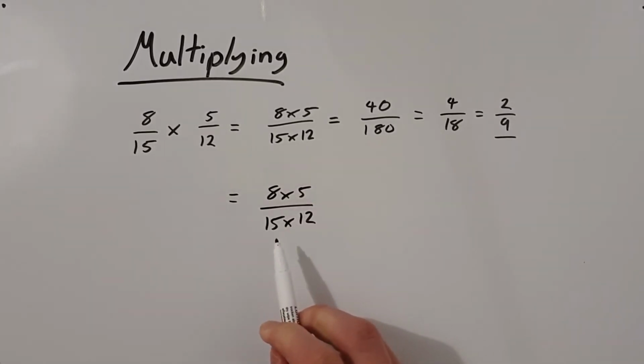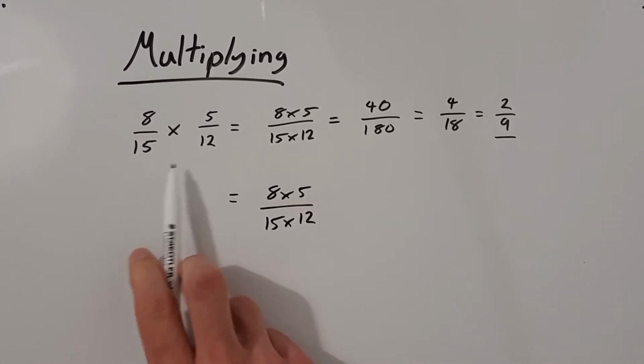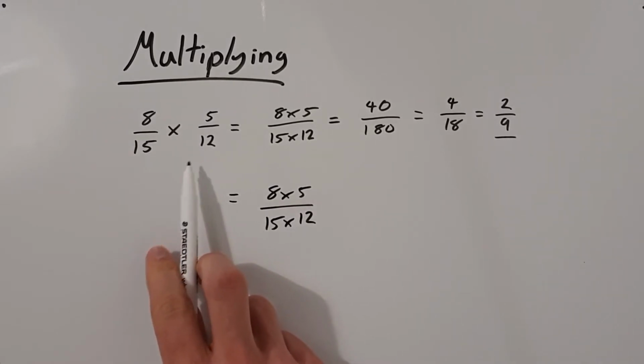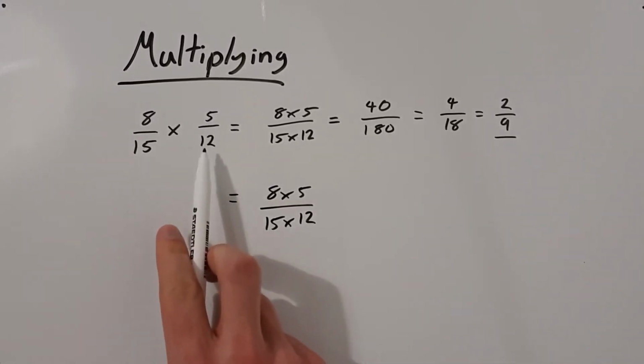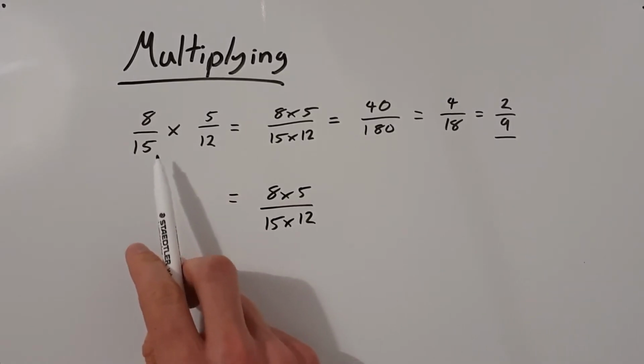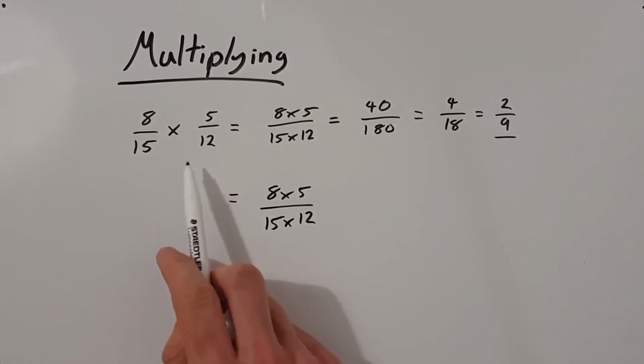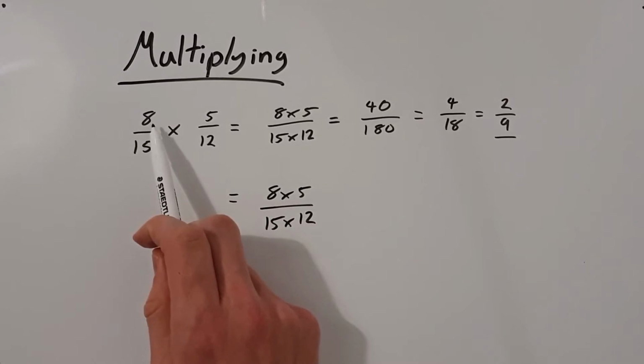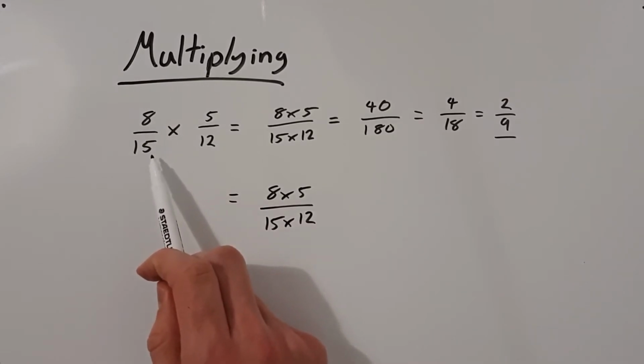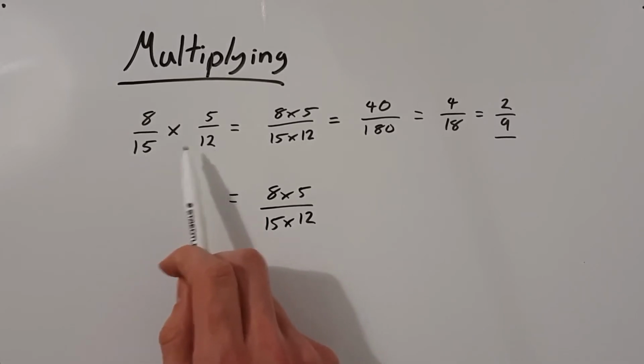Because what we might want to do is cancel these down right at the very start. And if we look at 8/15 and 5/12, neither of these two fractions have any common multiples between their numerators and their denominators. So these are really difficult to cancel down. In fact, they can't be cancelled down.